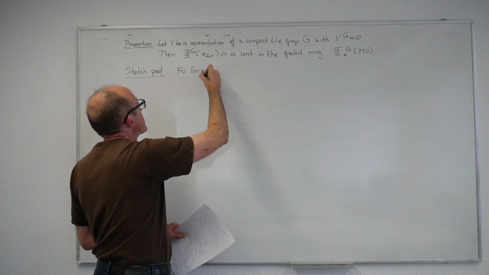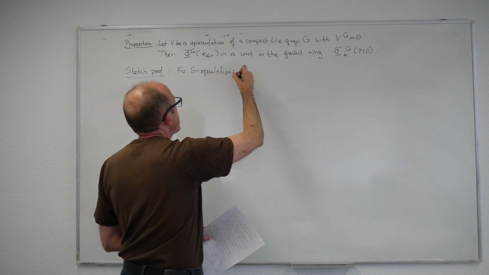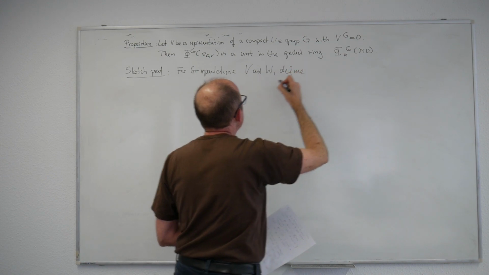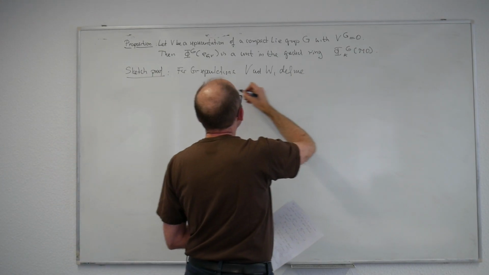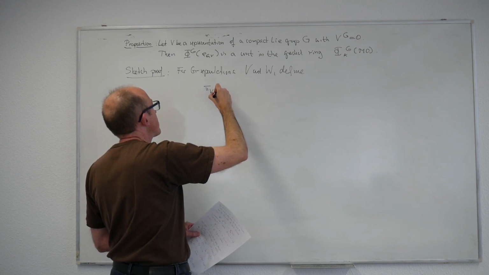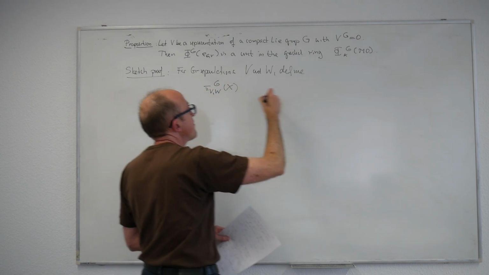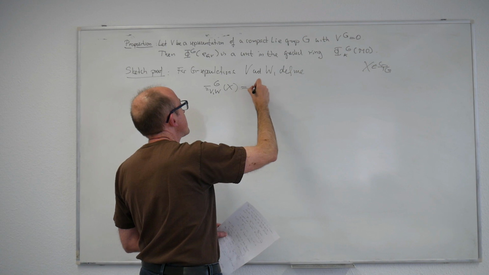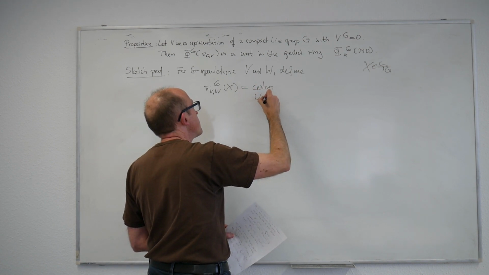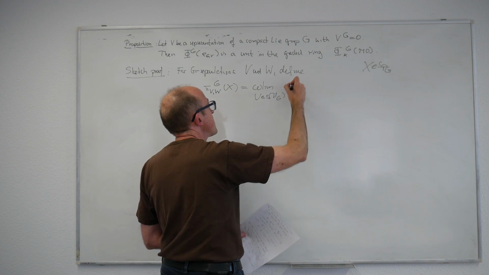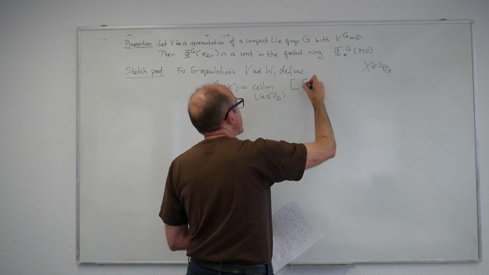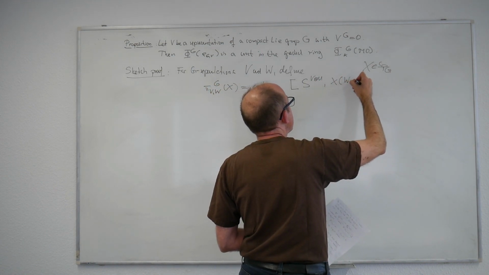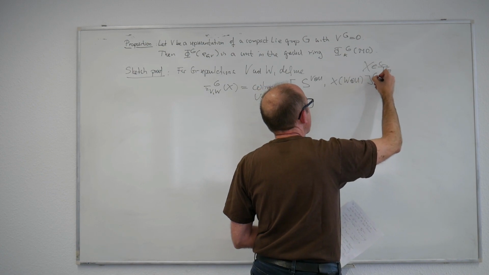So for G representations V and W, I define a version of ROG-graded homotopy groups. I define pi V, W, G-equivariant of X, where X is an orthogonal G-spectrum. I define this as the colimit over all U, finite dimensional subrepresentations of the complete universe, of V plus U, comma, X and W plus U, G-equivariant based maps.